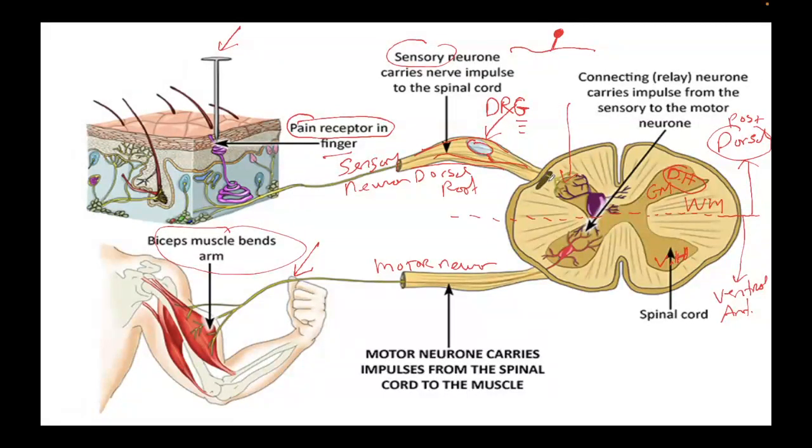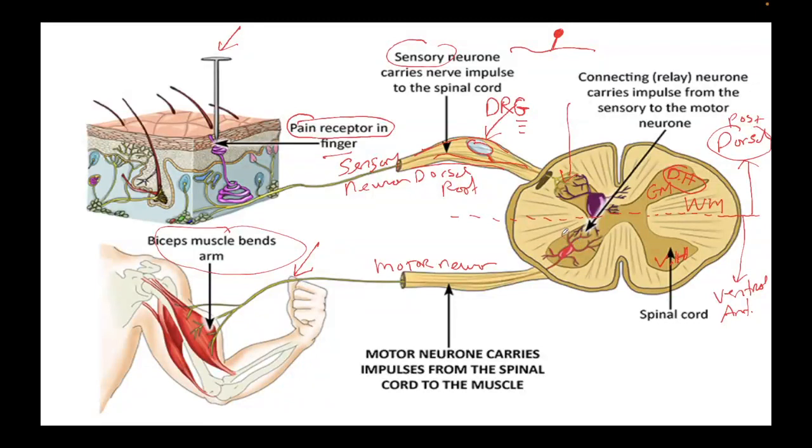So sensory neuron, motor neuron, interneuron, or association neuron. Dorsal horns, ventral horns. All the sensory information comes in through the dorsal part or the back part into the dorsal horn, and all the motor information starts at the anterior horn, aka ventral horn.